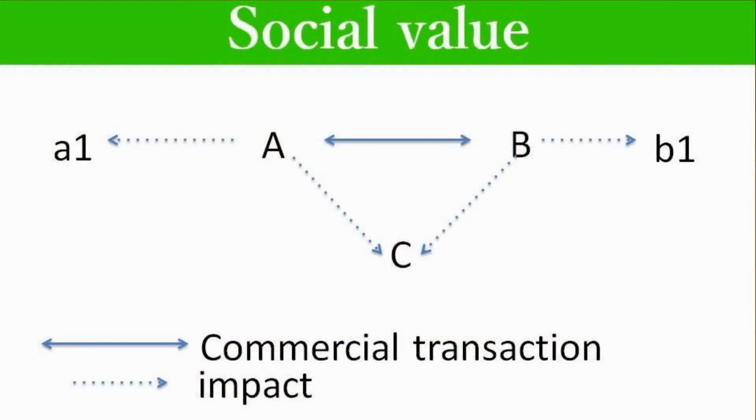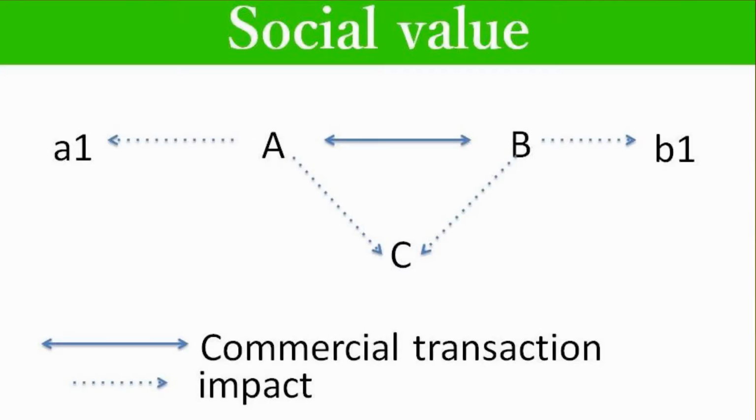When there is an innovation that brings these values, we can say that we have increased the social value of a territory. And social value works as you can see here in this picture.